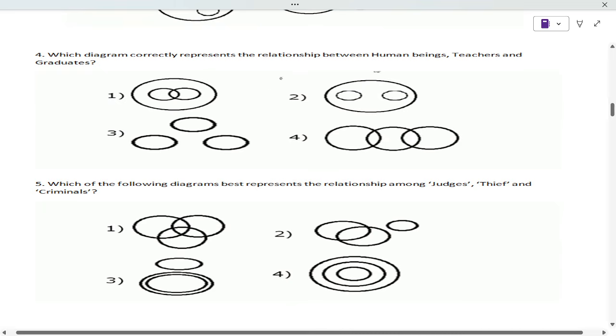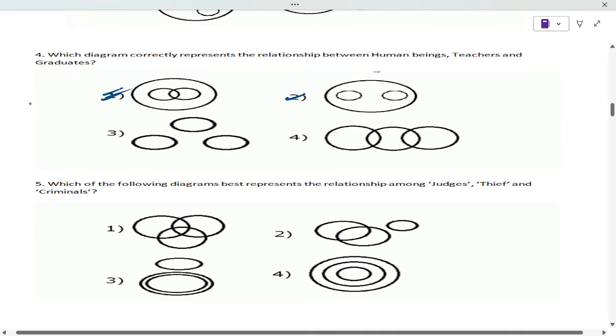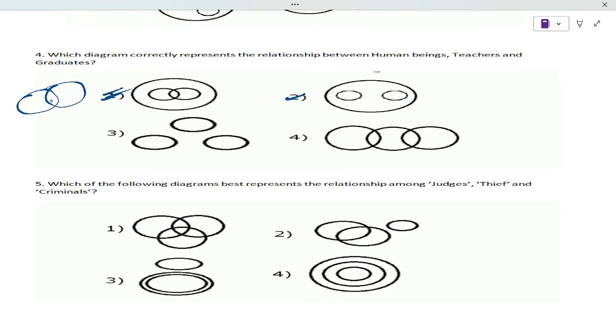So what do you think, will it be 1 or 2? It will be 1. A teacher can be a graduate, and a graduate may not be a teacher, but a non-graduate can also be a teacher. So this is the correct option.